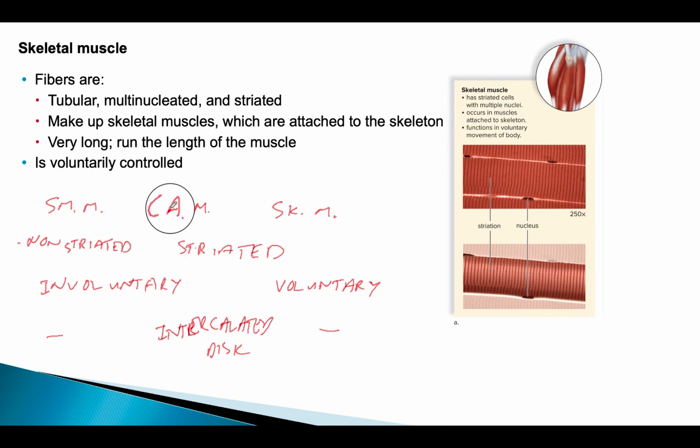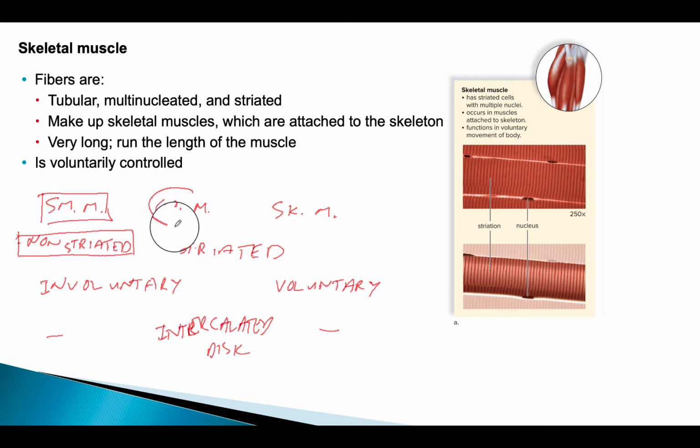So this is what I want you to remember here. With regards to the smooth muscle, what's unique? It's non-striated. With regards to cardiac muscle, what's unique? It has intercalated discs. What's unique about skeletal muscle? It is voluntary, right? So let's go like this here. I'll put a box around non-striated.